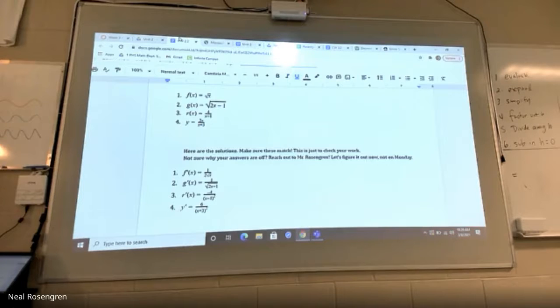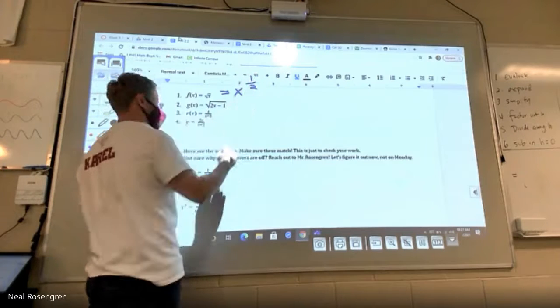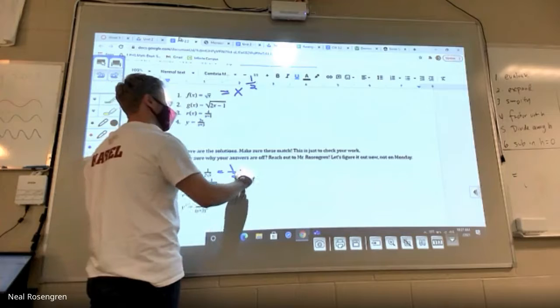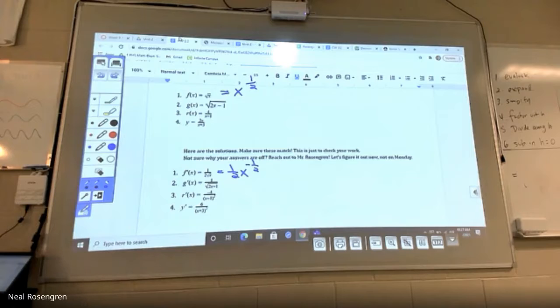I don't think it's super critical that you see all of the connections yet between the function and the derivative, like calling this x to the 1/2 and noticing that this is 1/2 x to the negative 1/2. Not necessarily catching on to that yet.